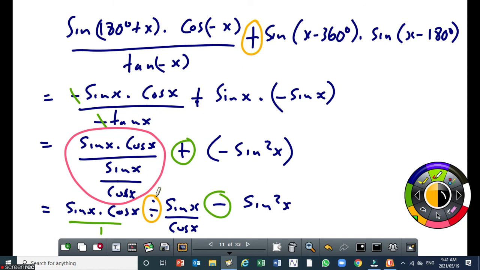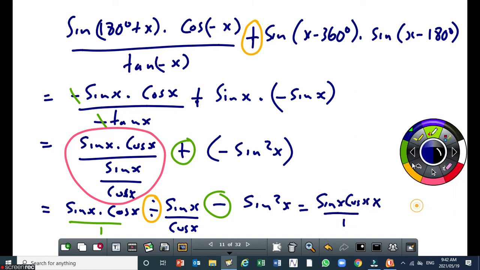Alright? So if we do that, we end up having sine x over sine x times cos x, over 1 times cos x over sine x minus sine squared x. Then this sine x cancels with that sine x.